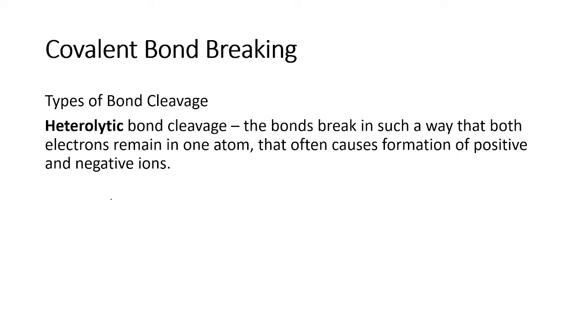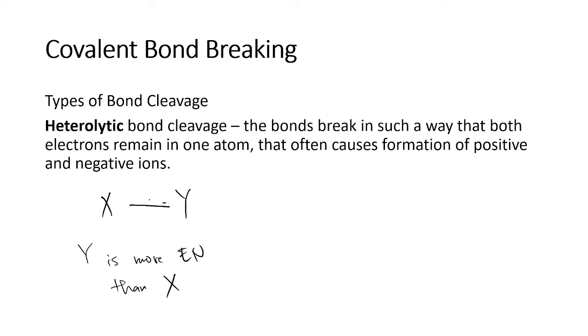So that can happen when there is a bias between the two atoms, wherein, for example, we have here our X atom and Y atom, and if we suppose that this Y is more electronegative than our X atom, there is a bias towards the movement of the electrons from our bonds.